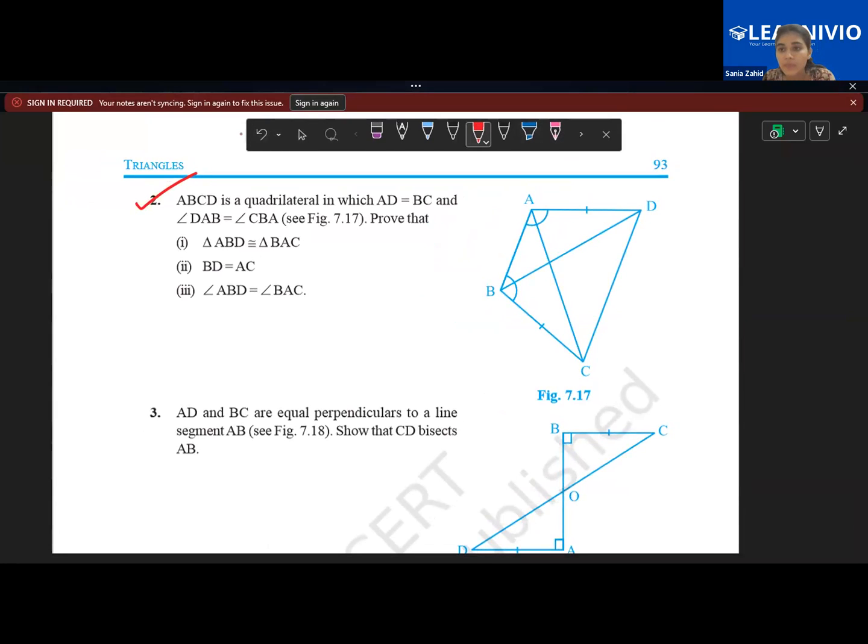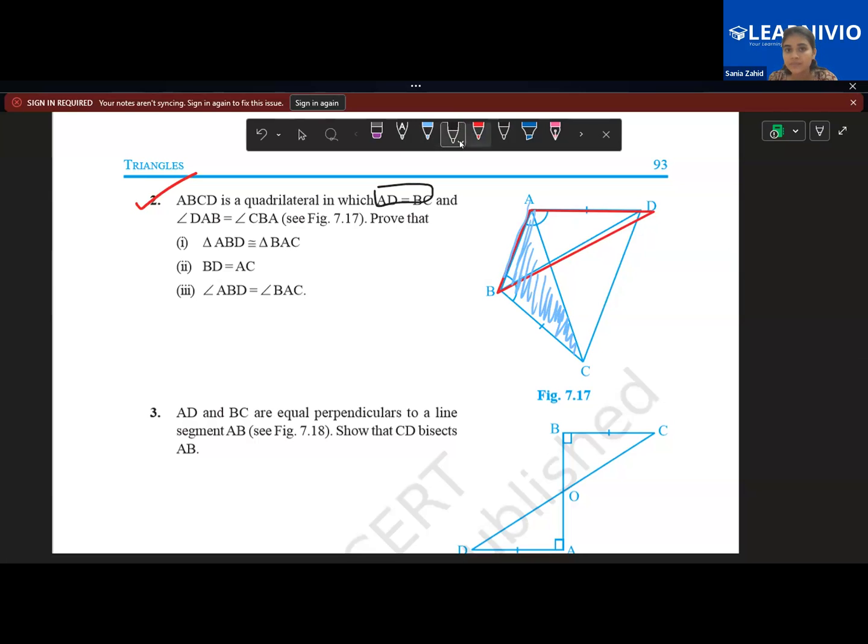Okay, for that, I wrote that in triangle ABD and triangle BAC, AD is equal to BC. Now tell me what else is equal. BD is equal to AC. That is given to us.